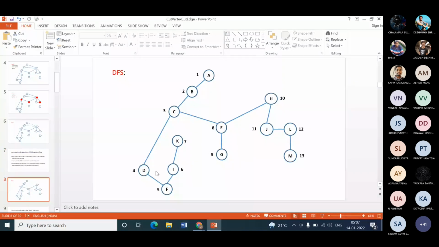For example, C is an articulation point. If you look here, why?